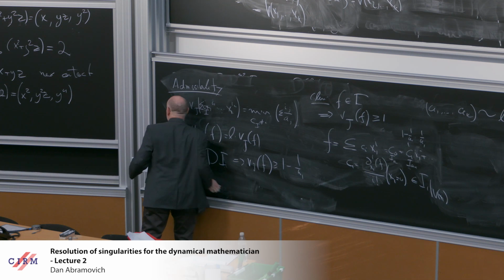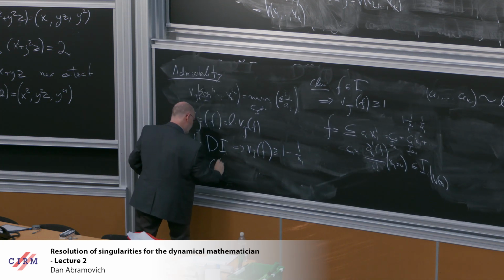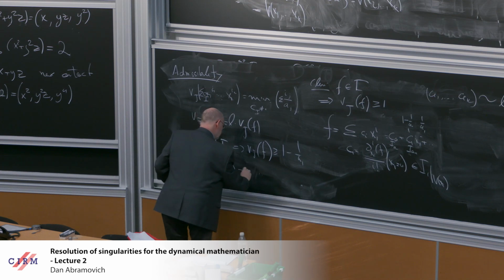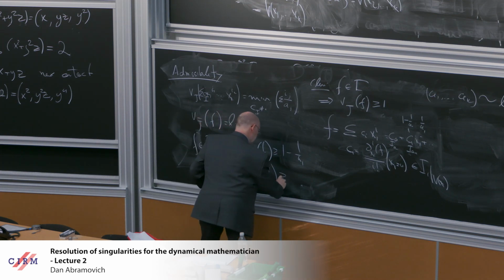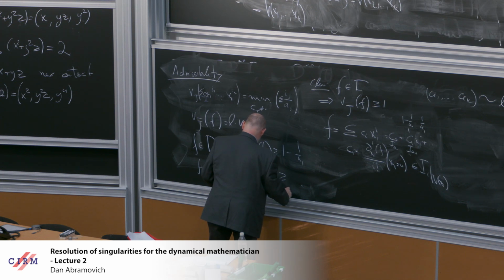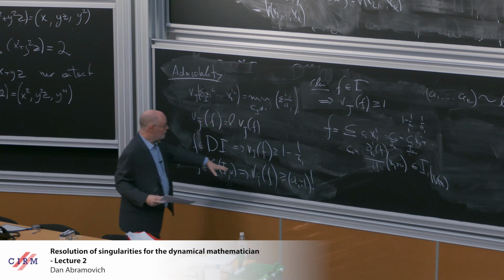And similarly, f in the coefficient ideal implies that the evaluation j of f is at least what? A1 minus 1 factorial. So everything appears in its correct evaluation.